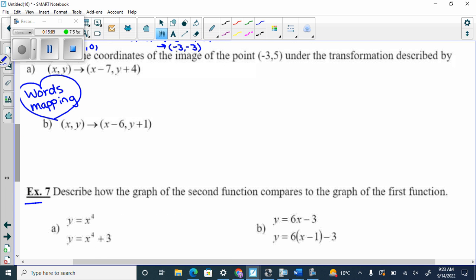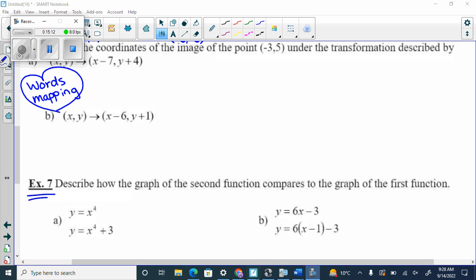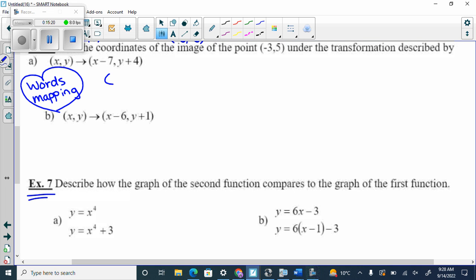And then here I want you to try 7. Okay, so here, if we go to do moving our point, we would just plug it in. So we'd have negative 3, 5 becomes negative 3 minus 7, 5 plus 4. Negative 3, 5 becomes negative 10, 9.